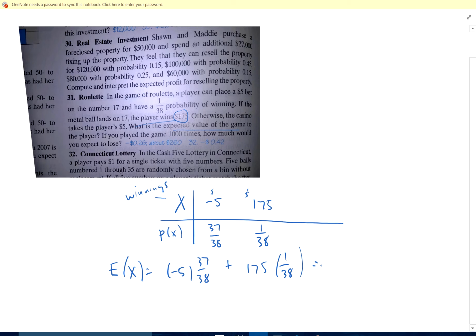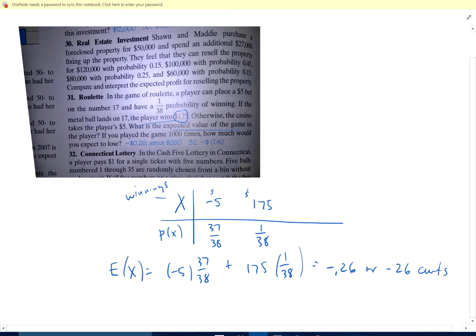All right, so let's see what his expected winnings are going to be here. 37 divided by 38 is, well, 0.97 times -5, and then plus 175 times 1 over 38, and I get -0.26 or -26 cents.